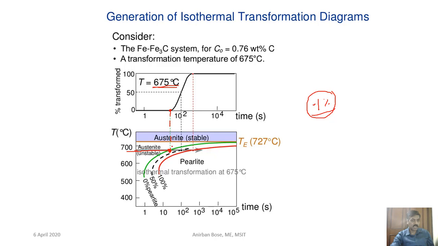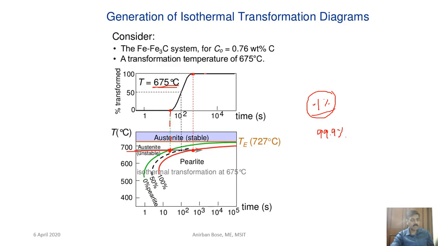So this is the point which we are calling the start of the pearlitic transformation. And when it will finish, maybe at 99.9% is done, that we are calling the pearlite transformation finish. That means the austenite to pearlite transformation finished, but throughout the temperature is 675. That is why we have identified these 2 points corresponding to 675.